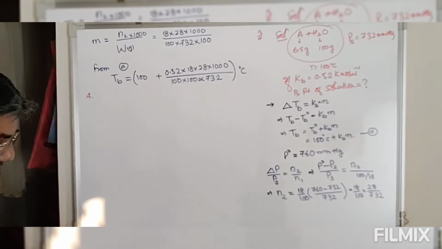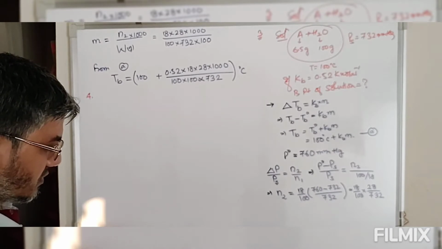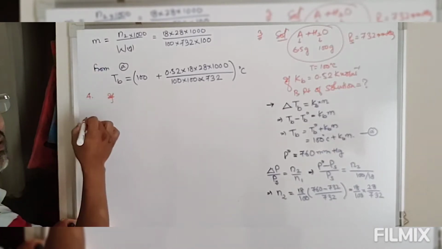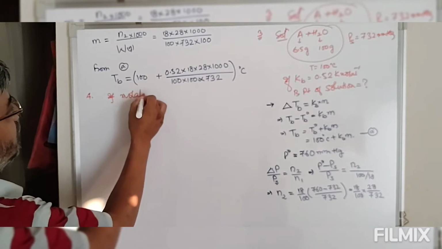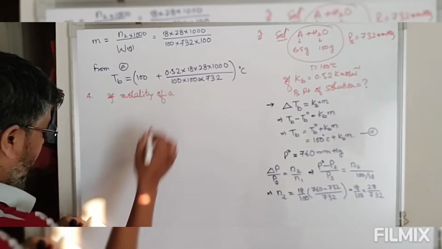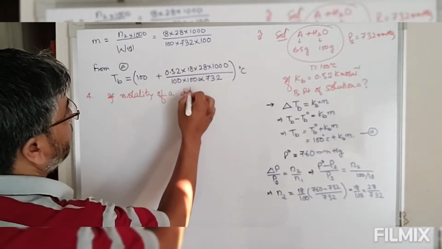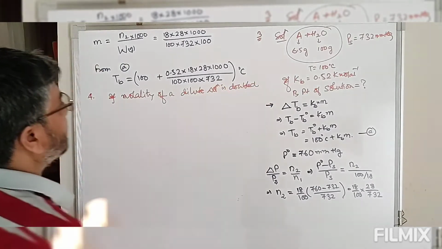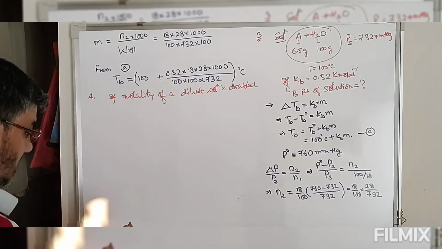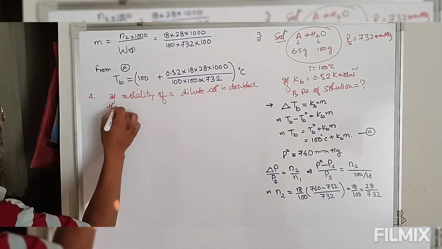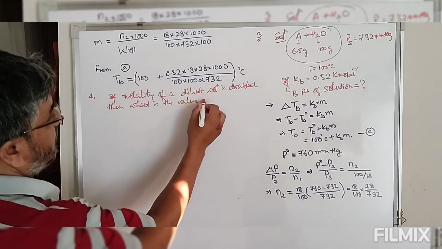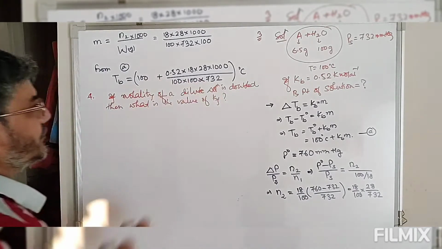Next, question number 4. The question says, if the molality of a dilute solution is doubled, what is the value of Kf?